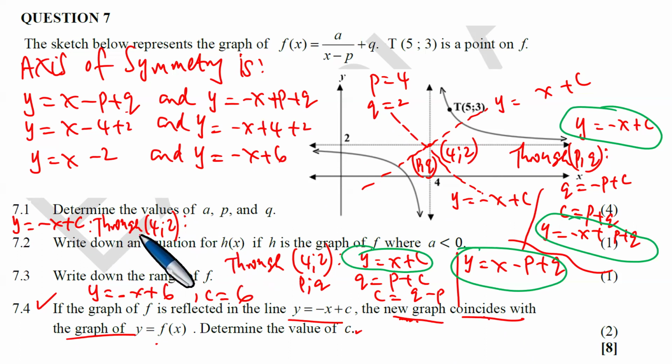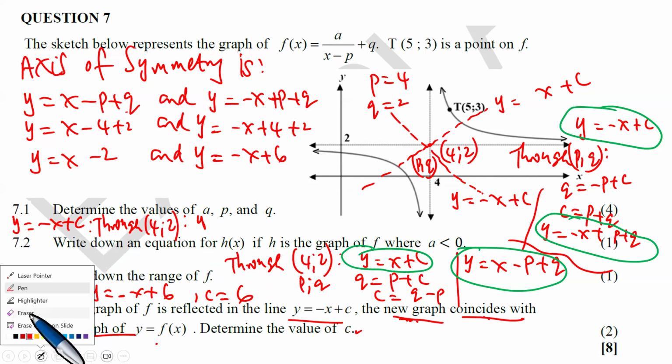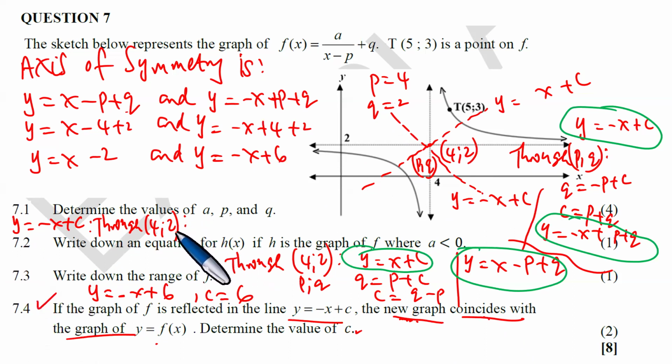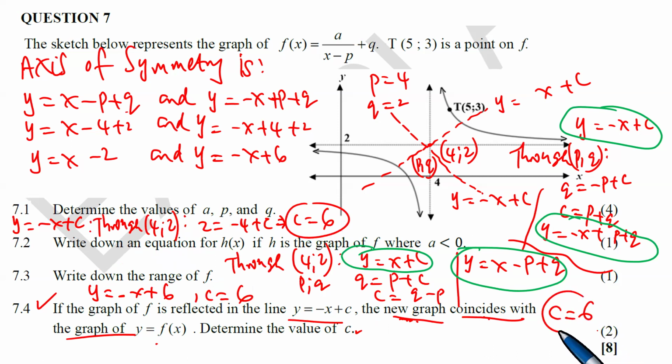So you have X and Y, and if Y equals minus X plus C, let's substitute straight away. Our Y is 2, and our X is 4, so 2 equals minus 4 plus C. You transpose the minus 4 so that C becomes 2 plus 4, which is 6. You just come here and say C equals 6.